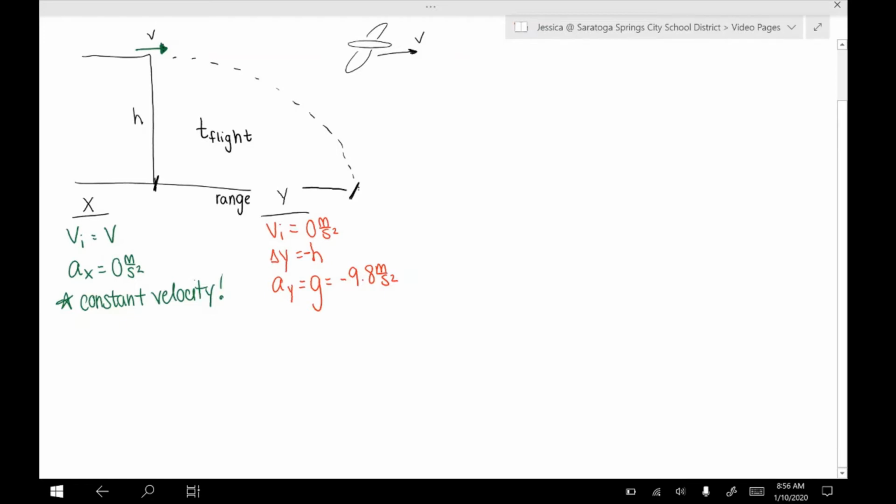This time of flight is going to be true in the X and Y direction. Time is considered a crossover variable, kind of like mass. Range, on the other hand, is an X direction variable, since it's a horizontal distance.